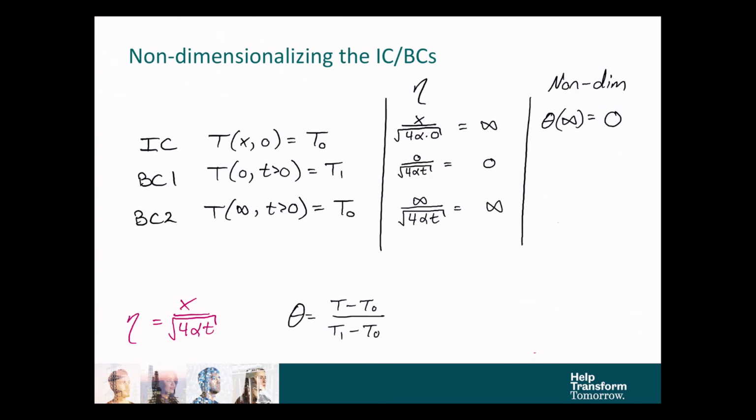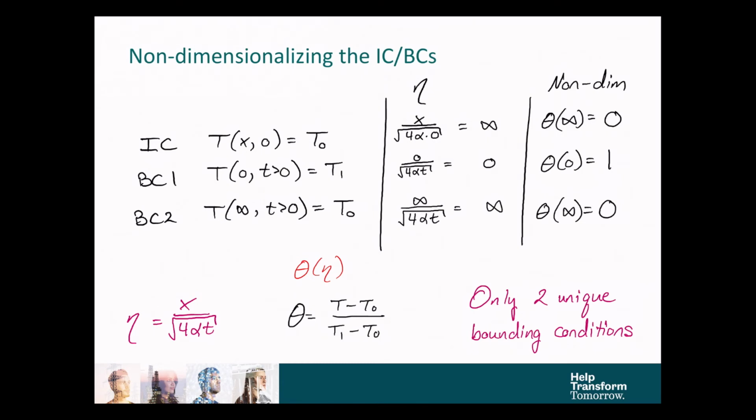So we write that as theta of infinity equals 0, because again, theta is a function of eta. Likewise, for boundary condition 1, theta becomes 1, and so theta of eta equal to 0 equals 1. And for the last boundary condition, theta of infinity equals 0.